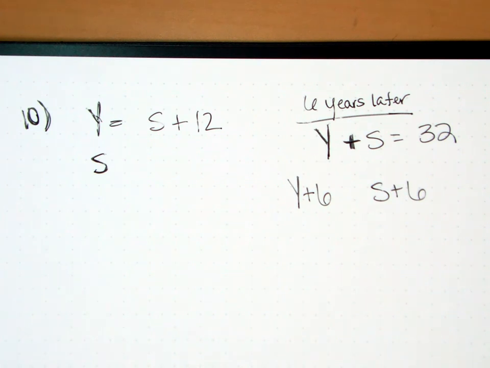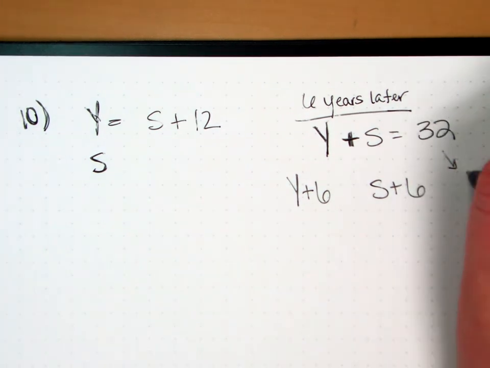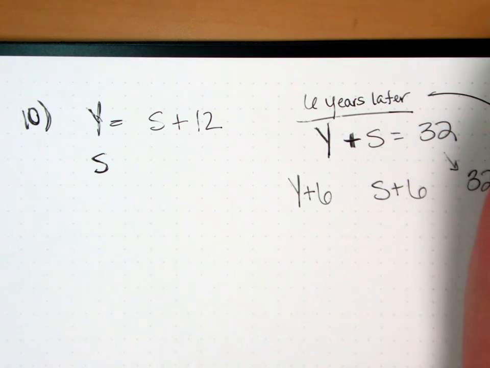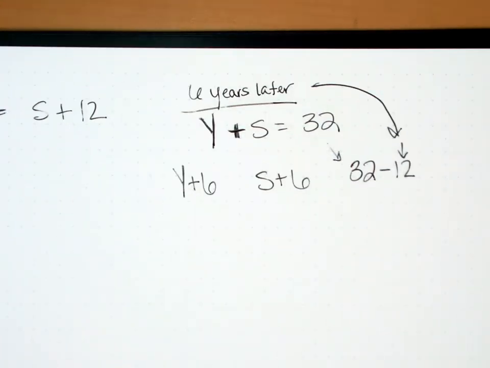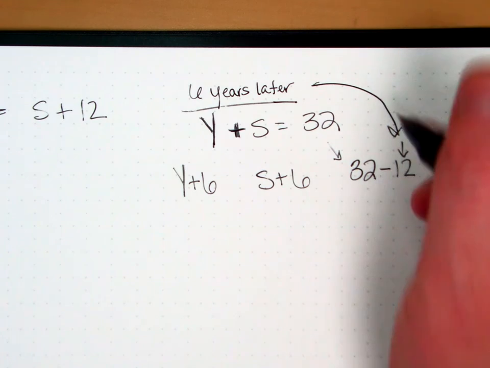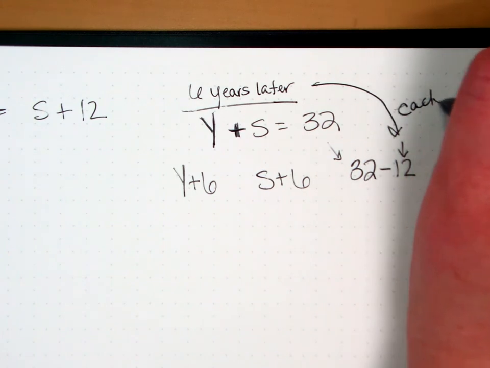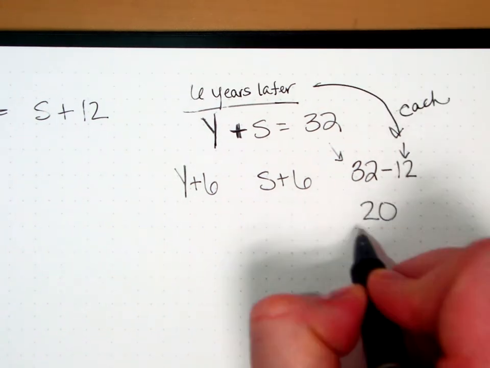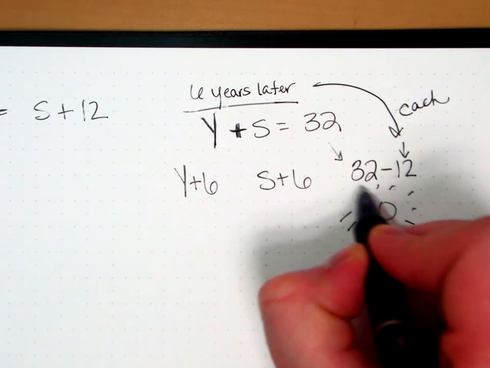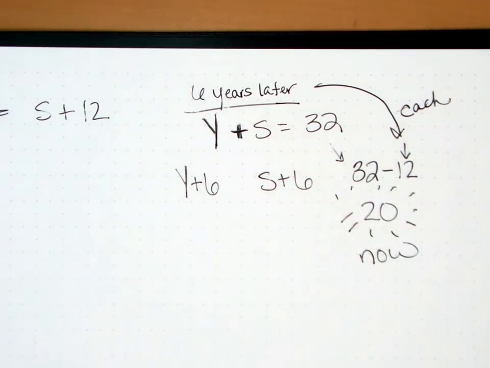Or, the sum of their ages now, not 6 years later, would be 32 minus 12. That's 6 years later, each. If I subtract 12, the sum of their ages now is 20. Does that make sense?